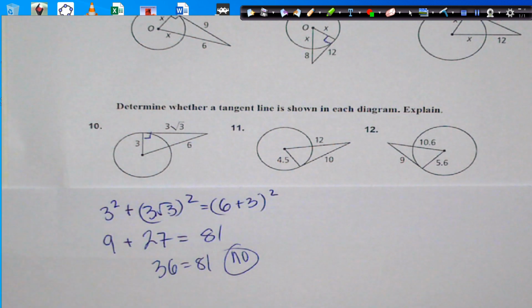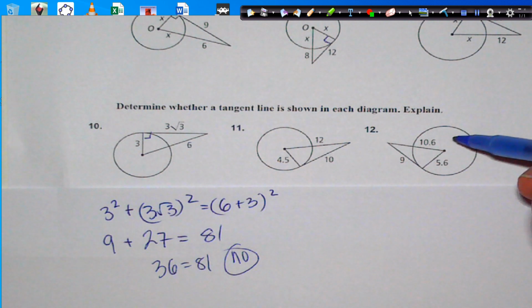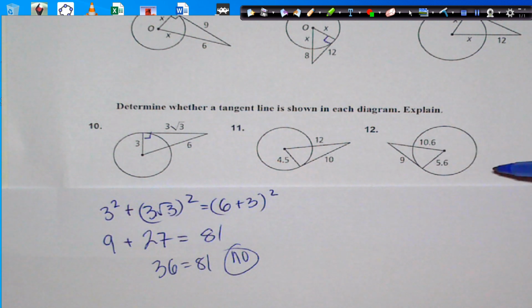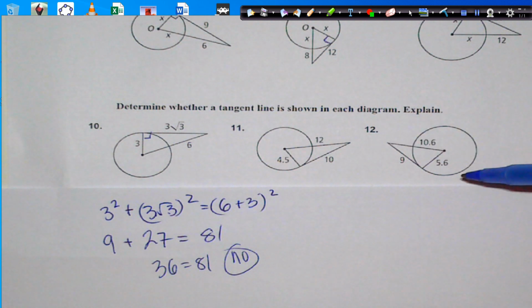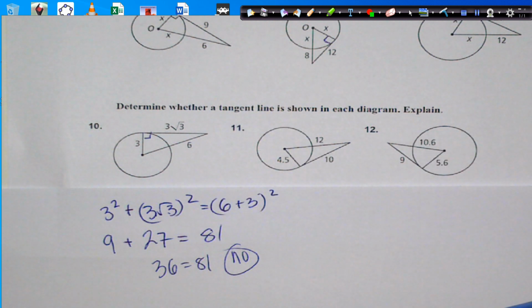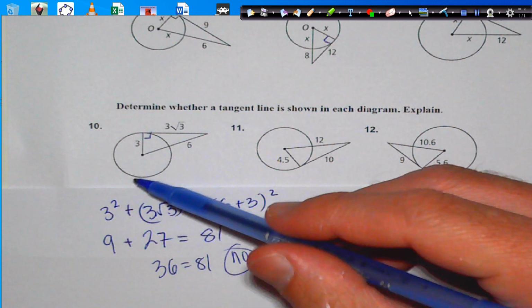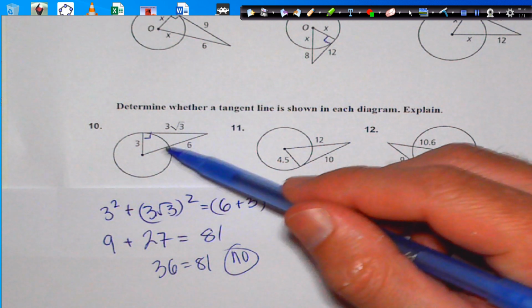Number 12. This one here, let's see. I think they mean this whole thing is 10.6. Yeah, pretty sure. I wonder if they mean that whole thing is 6. I'll have to double check, because if that whole thing is 6, then this would work out, because 6 squared is 36, so that might be a yes, I'm not sure.